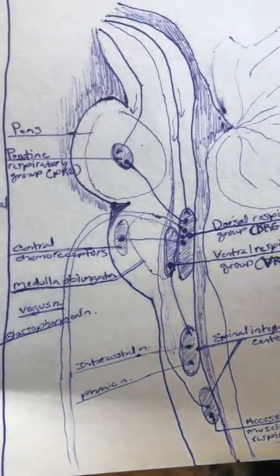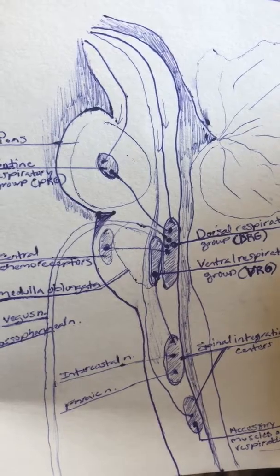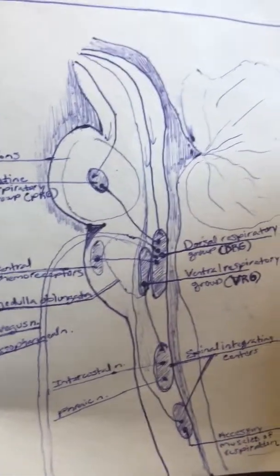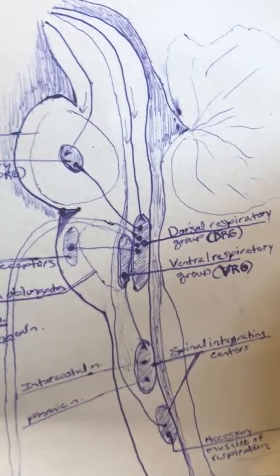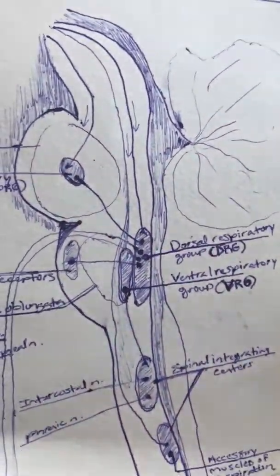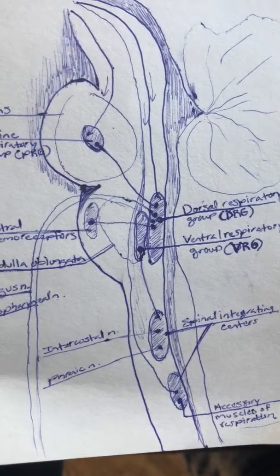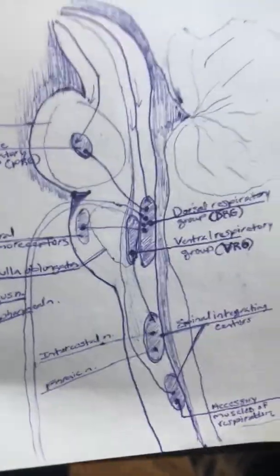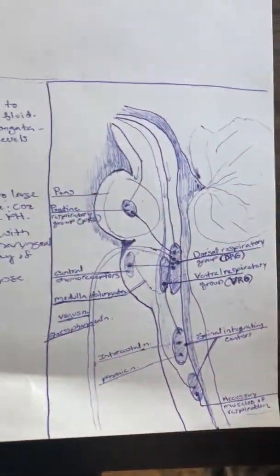So this is within the medulla oblongata. You're going to have the dorsal respiratory center and the ventral respiratory center, which communicate to keep rhythm within the respiratory center.